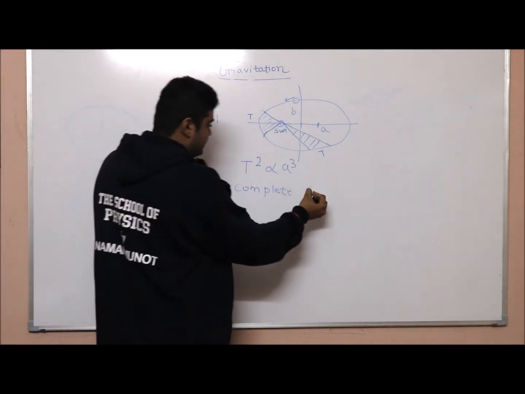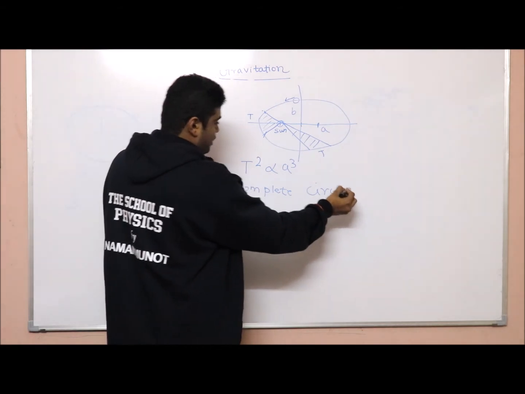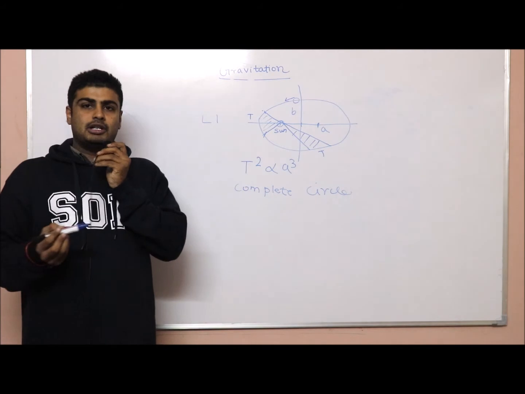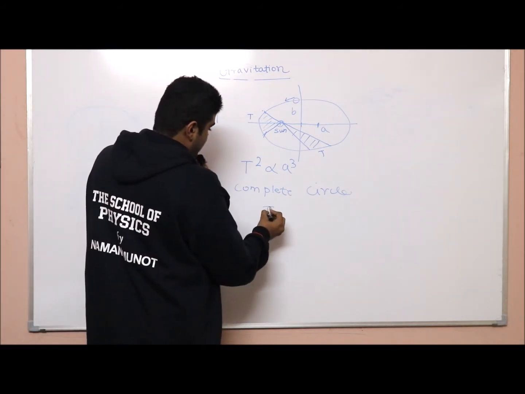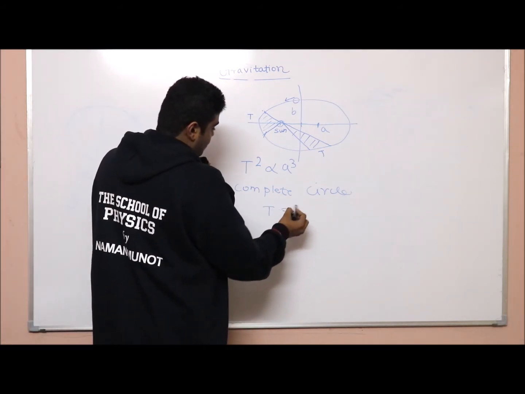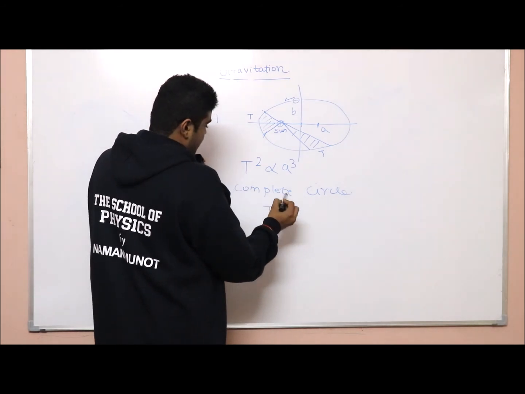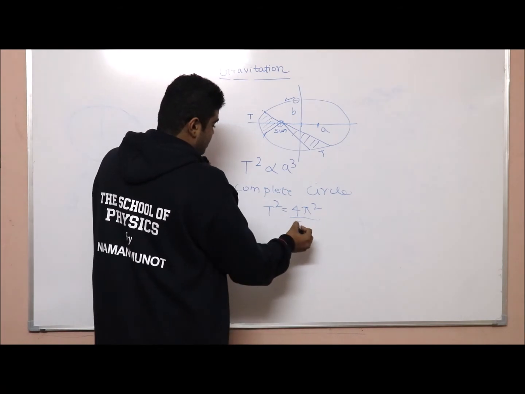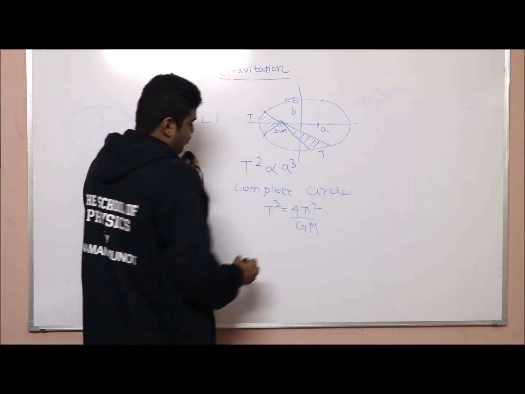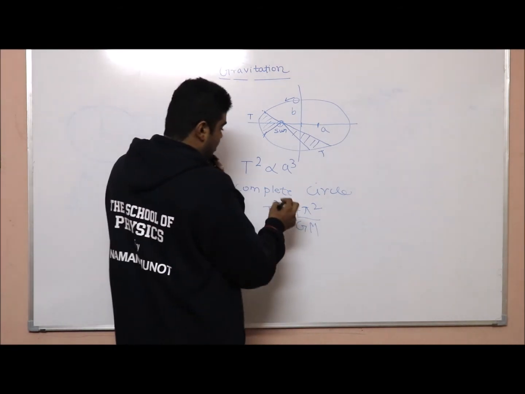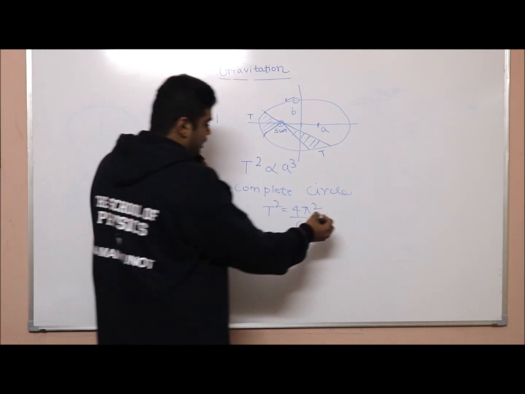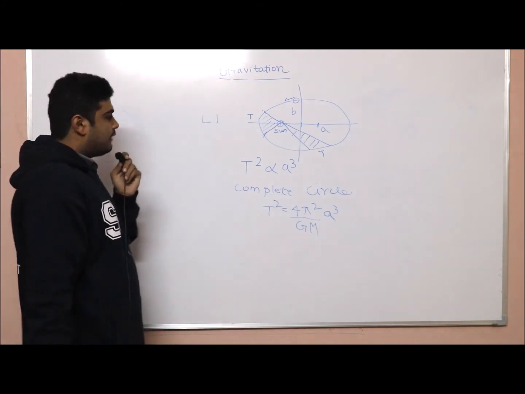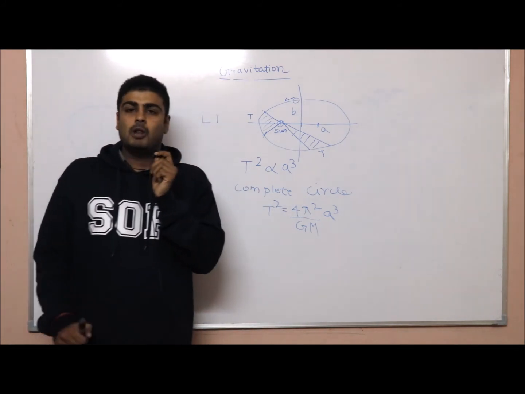For a complete circle, because a circle is also an ellipse, we just have to remember the formula. The formula is t square equals 4 pi square by GM into a cube. So this can also be asked, and you just have to apply the direct formula.